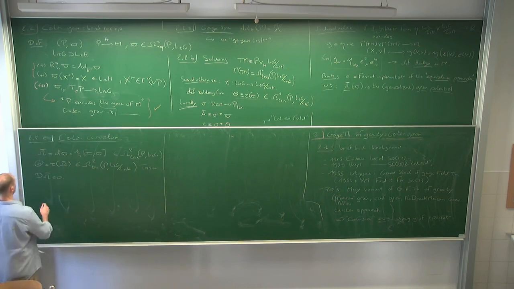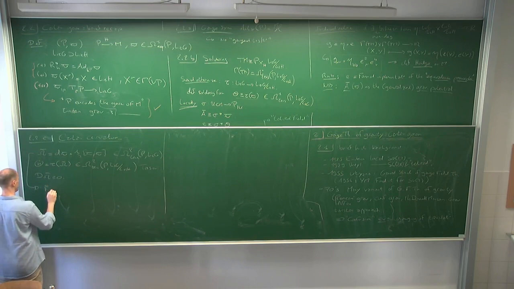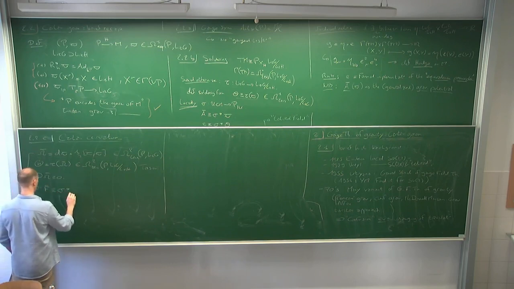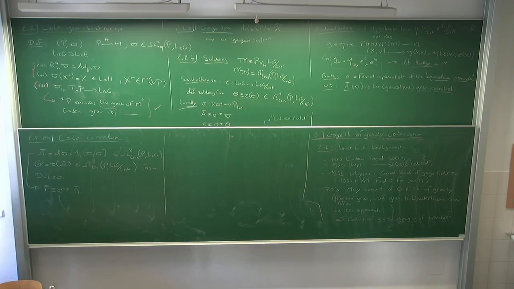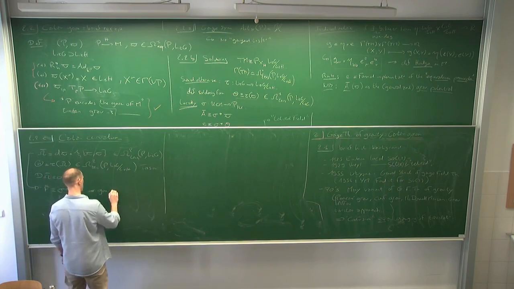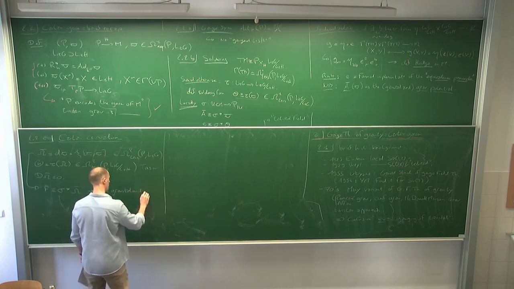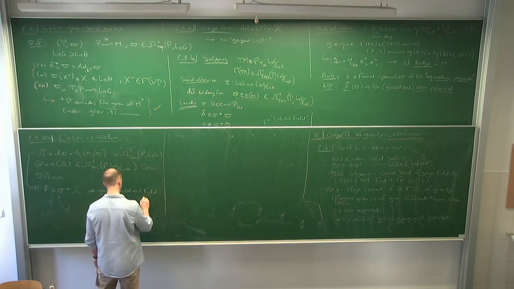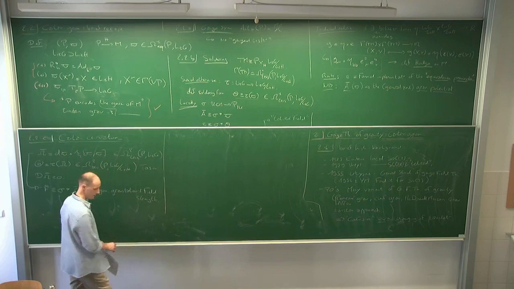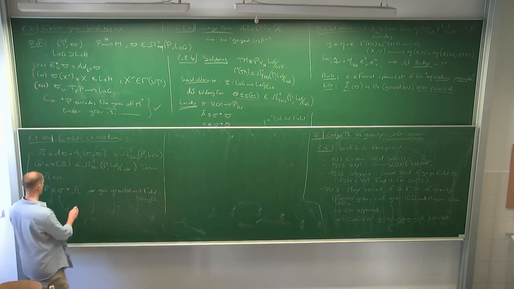And so the point is that F, which would be the local representative of the curvature, would be the generalized gravitational field strength, in the same way that the curvature of the Ehresmann connection gives us the Yang-Mills field strength.